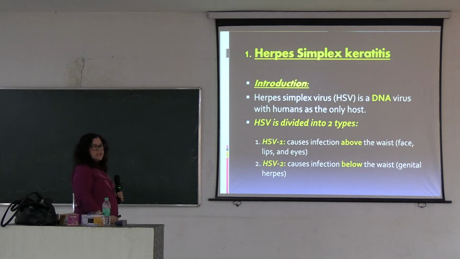Herpes simplex keratitis is caused by a DNA virus and humans are the only host. And herpes simplex virus is divided into two groups, herpes simplex virus type 1 and type 2. Type 1 affects above the waist, that is the face, lips and eyes, and herpes simplex virus type 2 affects below the waist, the genital part of the patient, and this is called genital herpes.